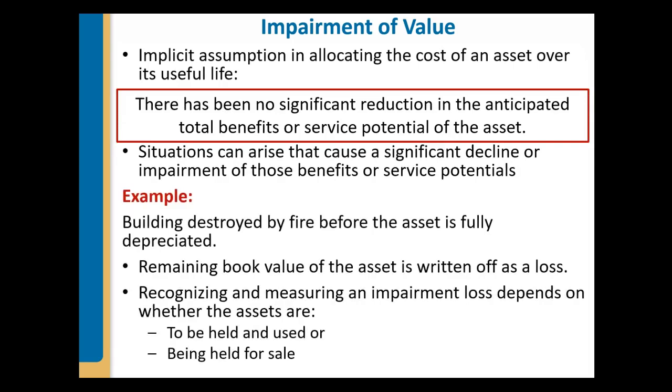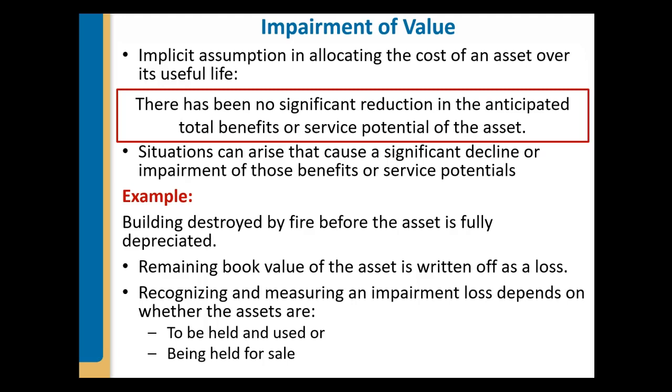Depreciation, depletion, and amortization reflect a gradual consumption of the benefits inherent in property, plant, equipment, and intangible assets. An implicit assumption in allocating the cost of an asset over its useful life is that there has been no significant reduction in the anticipated total benefits or service potential of the asset.